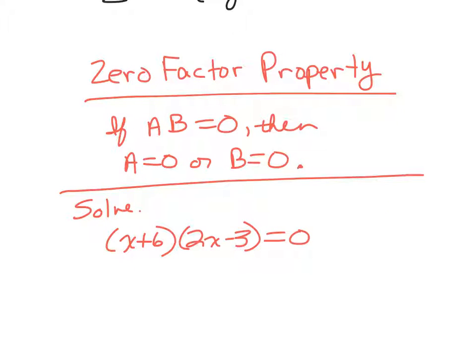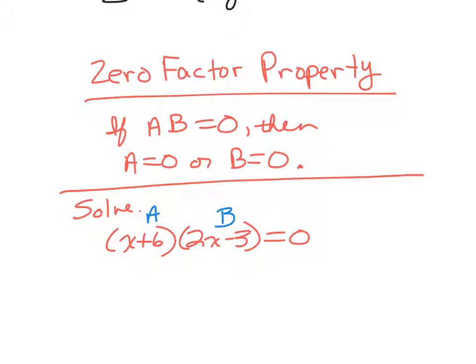Here's how. Think of x plus 6 as your A. Think of 2x minus 3 as your B. So what you have here is A times B is equal to 0. Now, that will be true if either A or B is 0. Then the whole thing will be true.